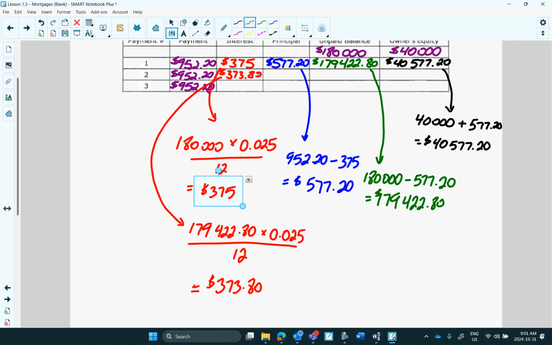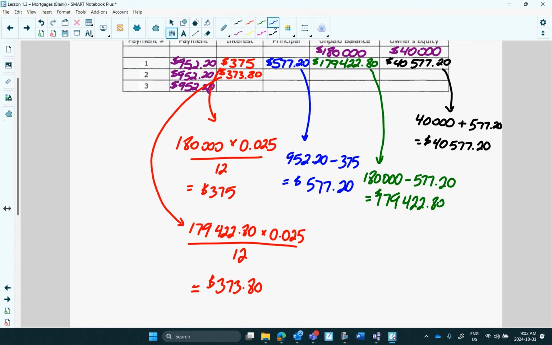373.80. Which makes sense because he paid down part of his loan, a little bit, the first month. So that means he's going to be charged a little less interest because the loan isn't as big the second month. So it's going to be a little less, which means the amount he actually puts back to what he borrows is going to be a little bigger.